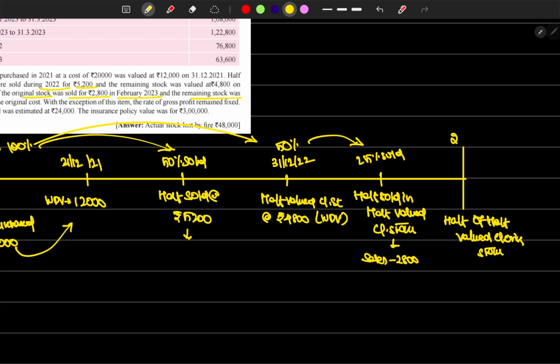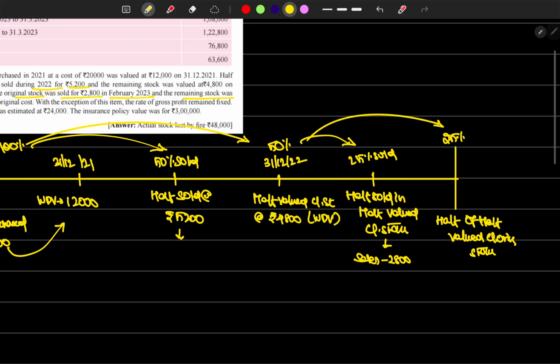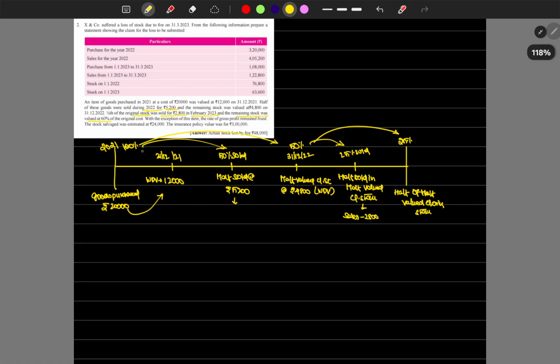This is also 25%. First they split the 100% into 50-50, then later the 50% into 25-25.